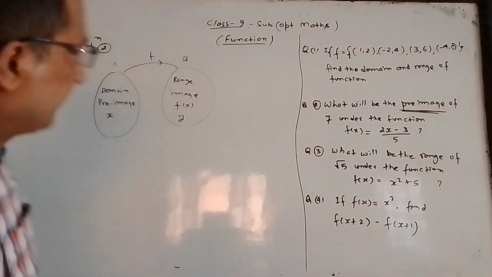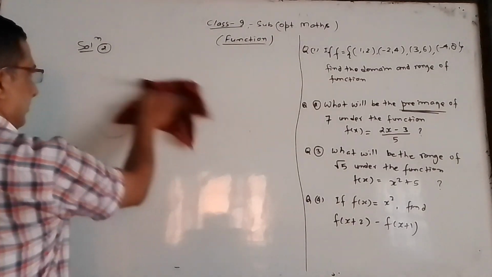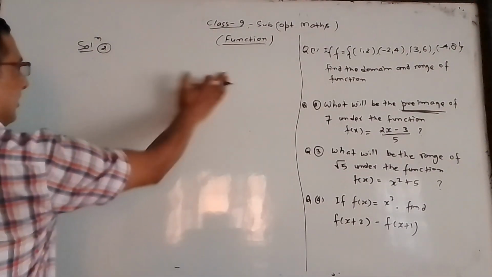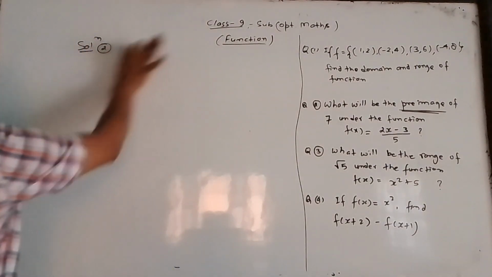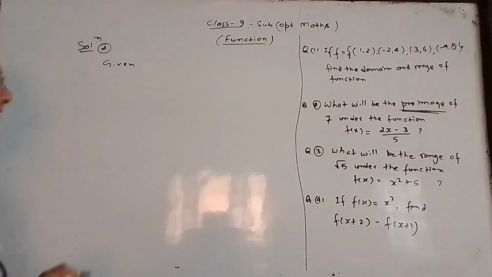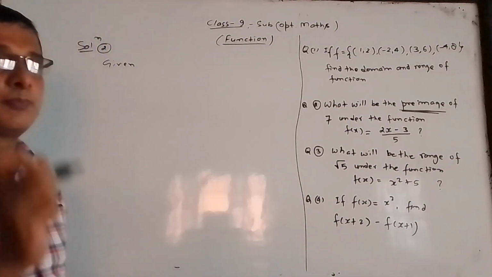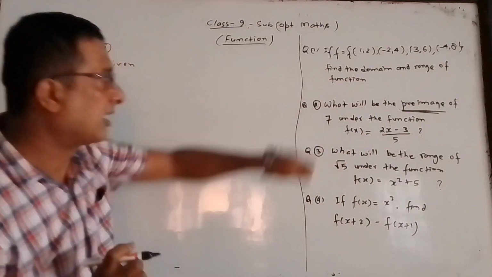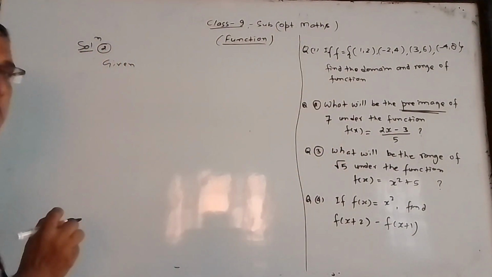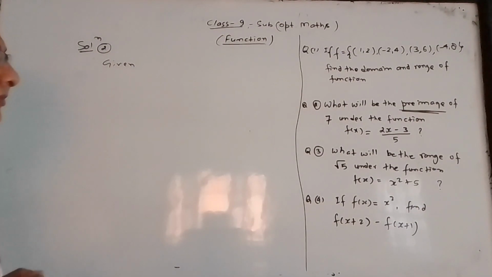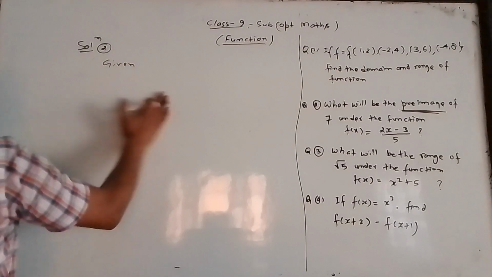So how to solve? Second, first write the given. What will be the pre-image of 7? The pre-image is the question mark.